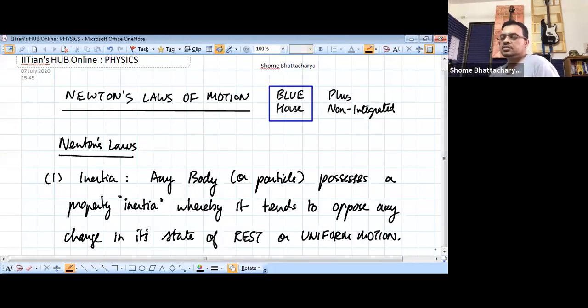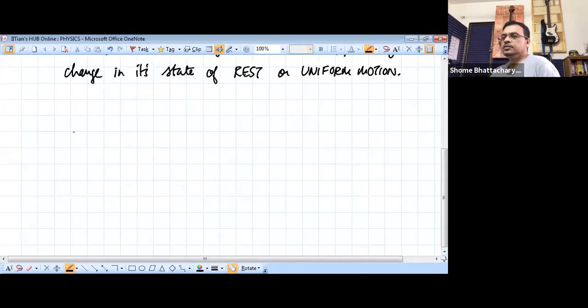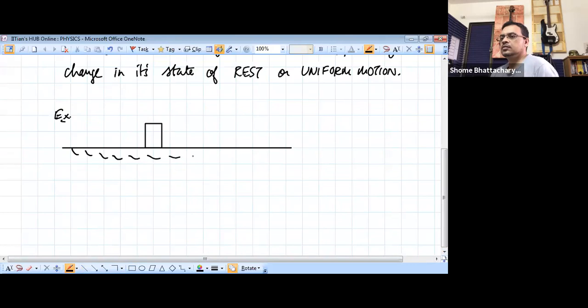Okay. So let us understand this law, this principle of inertia, with some examples so that it becomes more clear. For example, if we have a body which is at rest, lying on a frictionless surface, we have a block at rest.